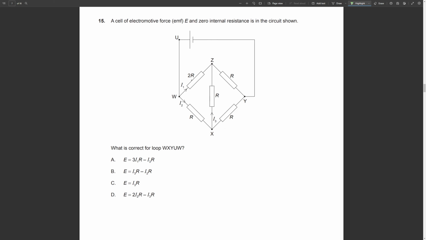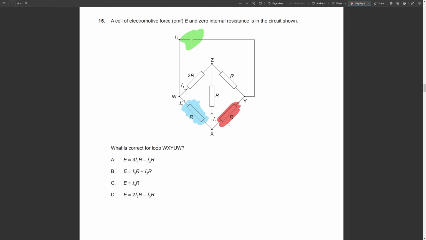Oh dear, in question 15, you have another complicated circuit. It is the Kirchhoff's law. To facilitate our teaching, I'm going to add color to it. I will make it green for the cell, blue for this resistor, and finally red for this resistor.